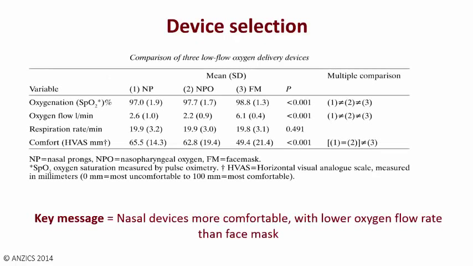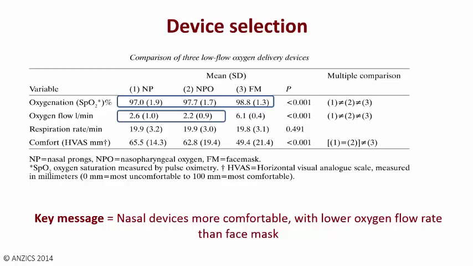With regard to device selection and the randomised crossover trial that we conducted for our patients, we can see that for oxygenation, all 3 devices were equally effective at maintaining an oxygen saturation of 97 or above. To do this, as you might hypothesise, the nasal devices delivered oxygen at a lower flow than face mask.